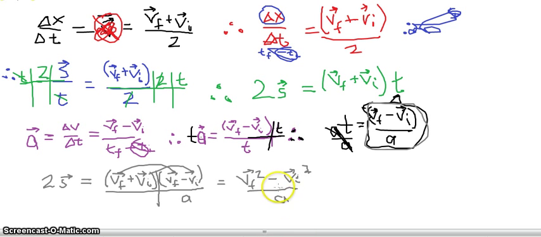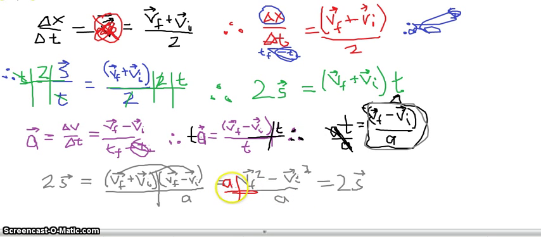Okay, and recall, this is equal to 2 times displacement. So here, I'll just, again, put that equal to 2 times displacement. Hey, look, all I have to do at this point is have another color. Go back to red.